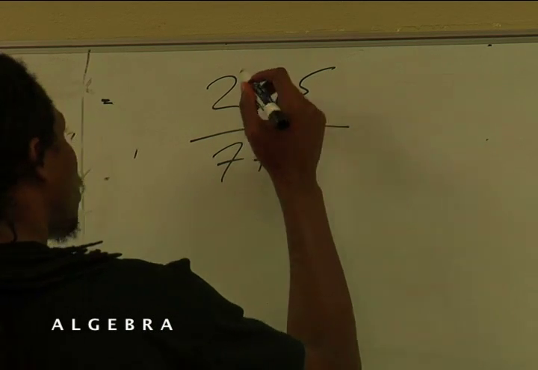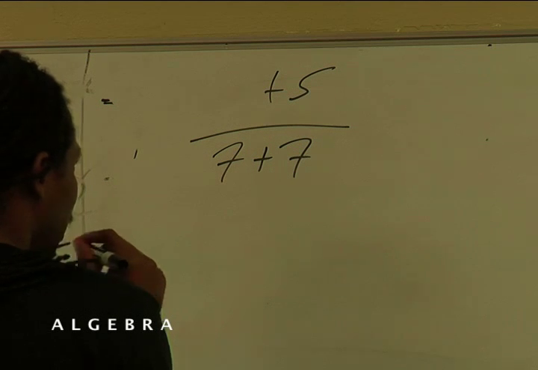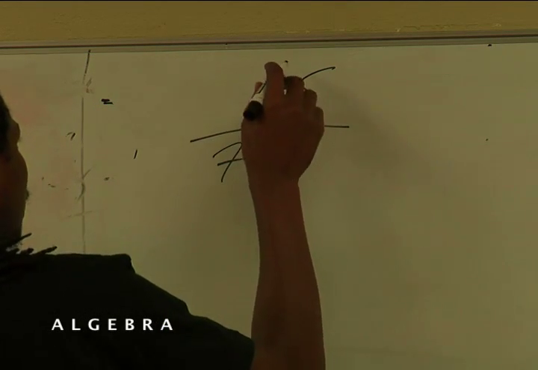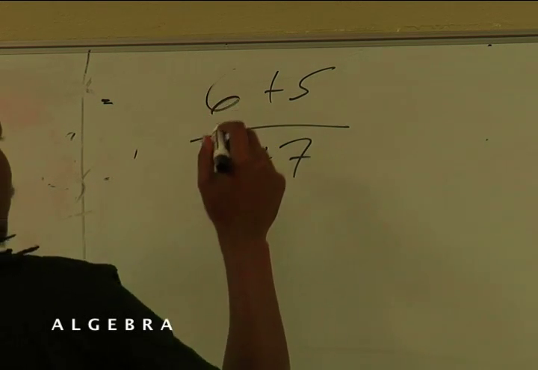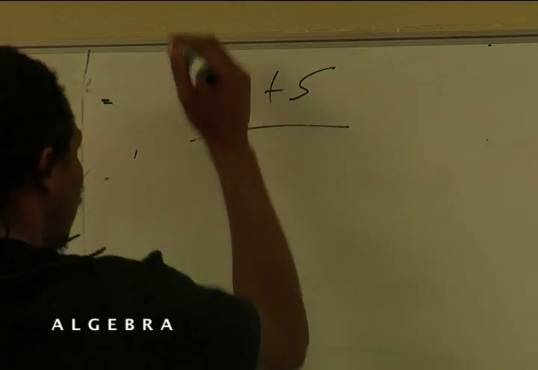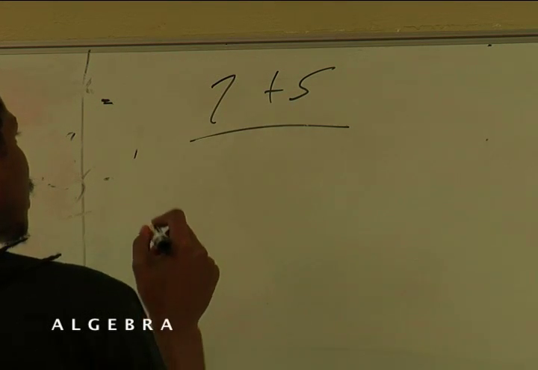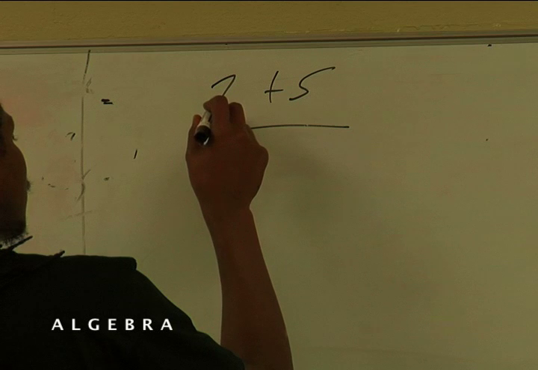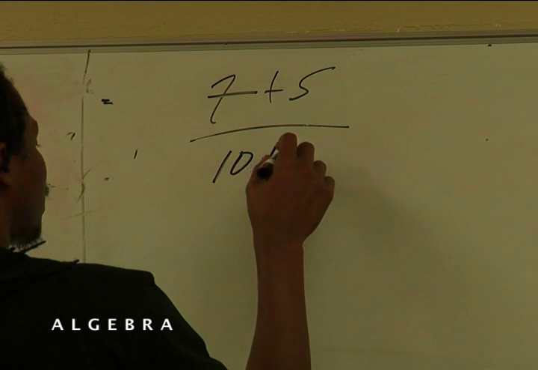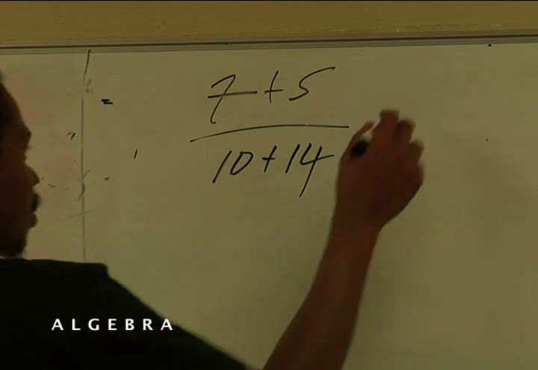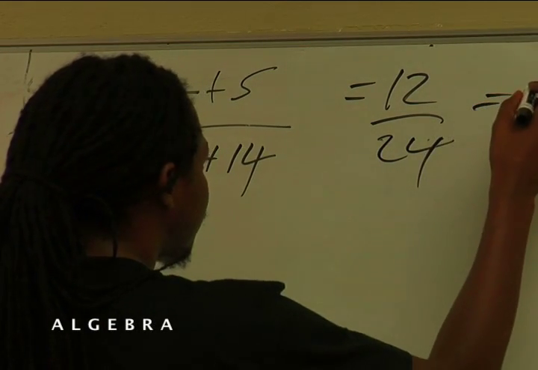No. 2 plus, hold on. 6 plus 5. 7 plus 5 over 10 plus 14. 7 plus 5 equals what? 12 over 24 equals what?